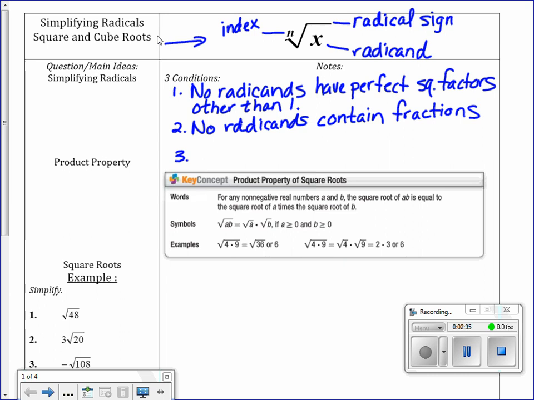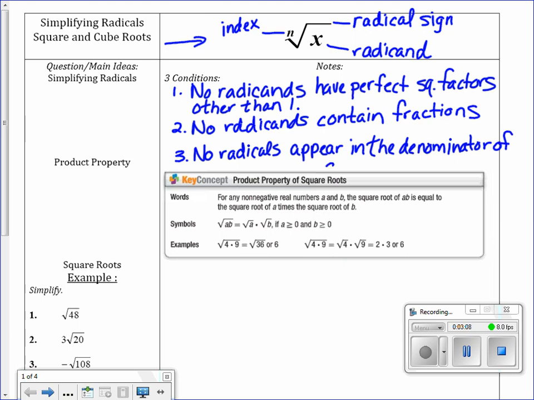And finally, no radicals appear in the denominator of a fraction. And I hope you are writing all this down. If you need to, pause it. That's the nice thing about YouTube. So those are our three conditions that we're going to have to meet.